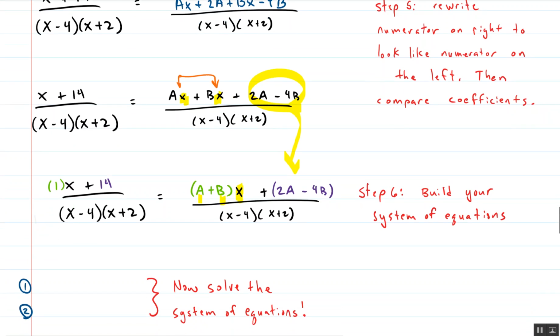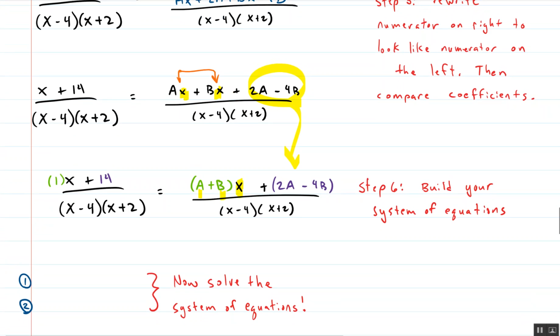So we can now look at this and say, on the left, we have an x, and in front of it, there's a 1. On the right, we have an x, and in front of it, there's an a plus b. So if these two fractions are indeed the same, then a plus b has to be equal to 1.